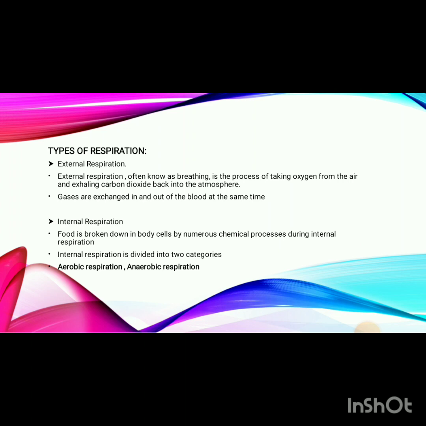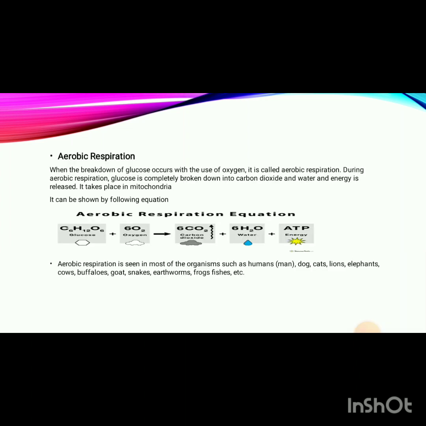Now, internal respiration. Food is broken down in body cells by numerous chemical processes during internal respiration. Internal respiration is divided into two categories. The first is aerobic respiration and second is anaerobic respiration. So first we understand what is aerobic respiration.